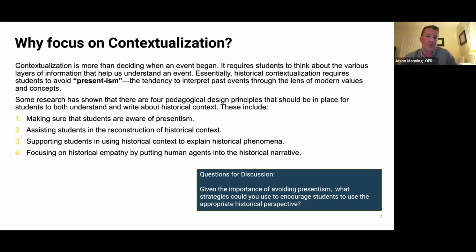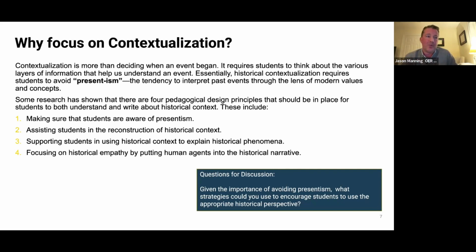Even in the two hats that I wear in my instruction, big history is very much a big history perspective where you're really looking at the entire forest. And then the senior class I teach, post World War II American history, it's very much a specific time period.